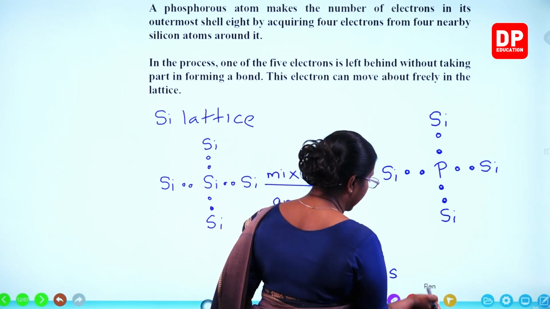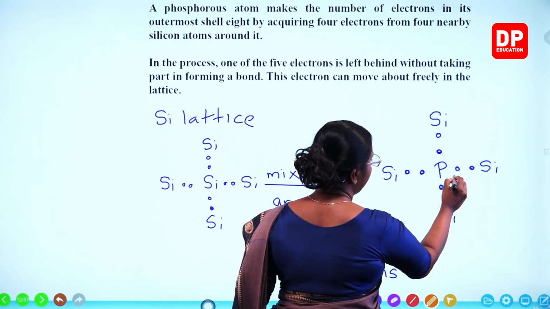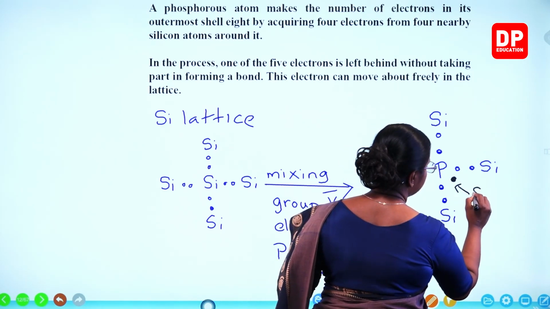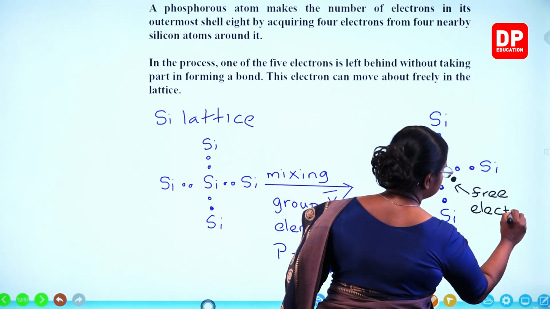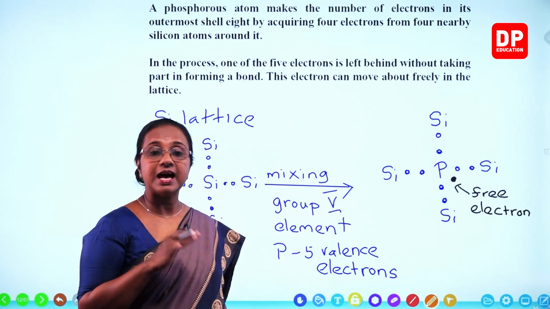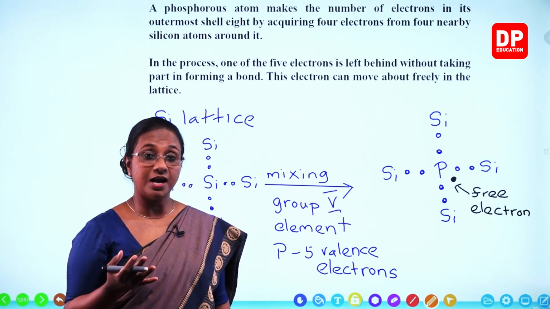There will be an additional electron. Now, there is going to be an additional free electron. Now, this free electron is there in the lattice structure, and that is negatively charged.